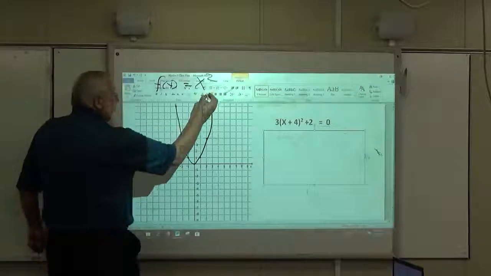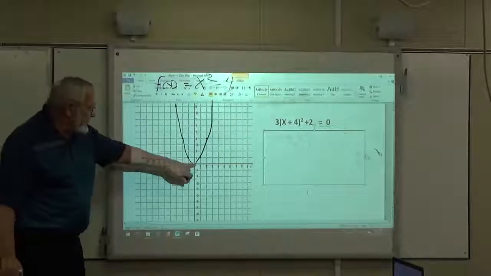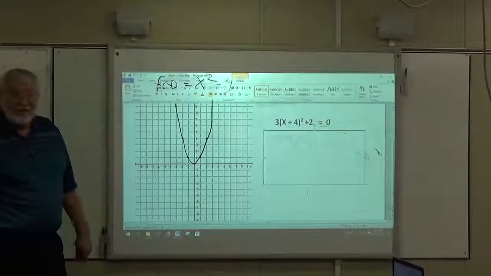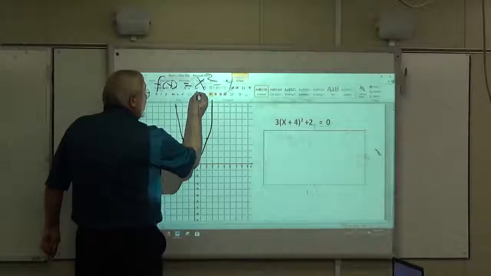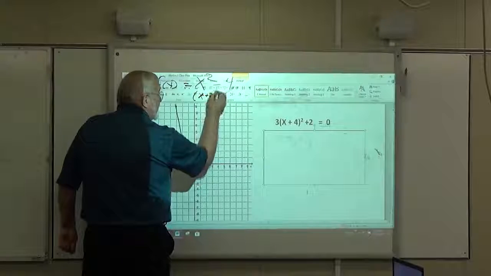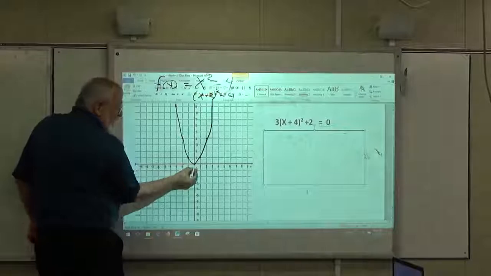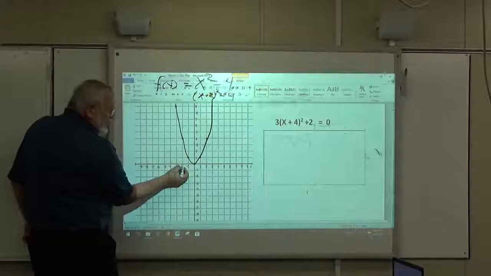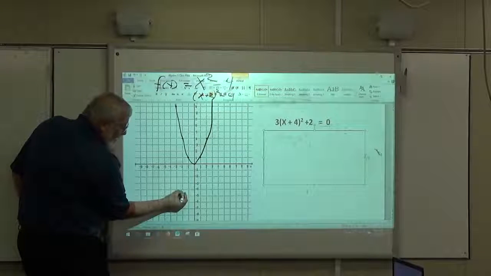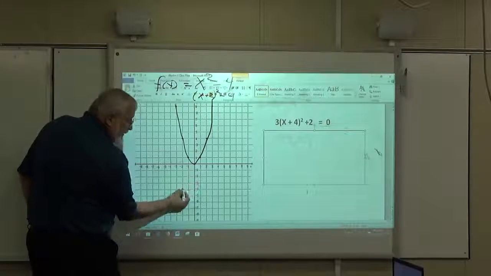Now, what happens if I put a negative 4 on the end? I take this thing and drop it down 4. And if I say x plus 2 squared minus 4, it's the opposite here, so that would move this over 2 and down 4, and my new graph would have a vertex right here.